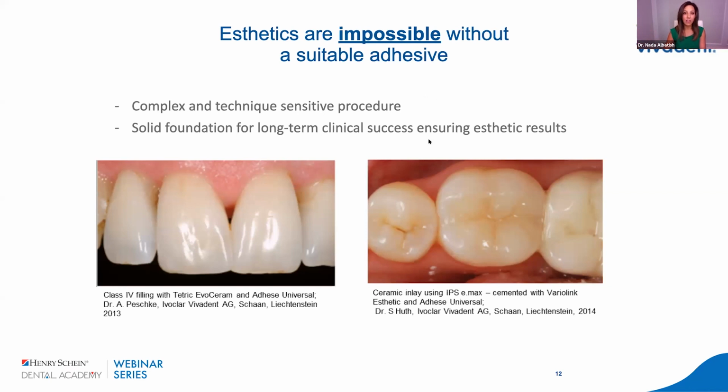And one of the indications for replacing composites actually is marginal staining, because it means that you have open margins. So aesthetics and even quality restorations are not possible without a suitable adhesive. And this is an adhesive that I routinely rely on in my practice.